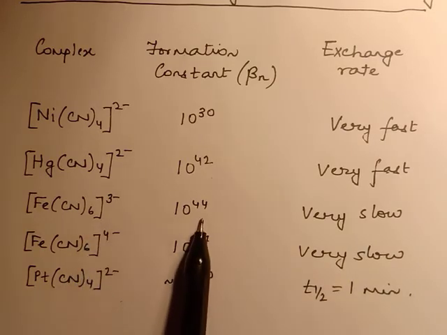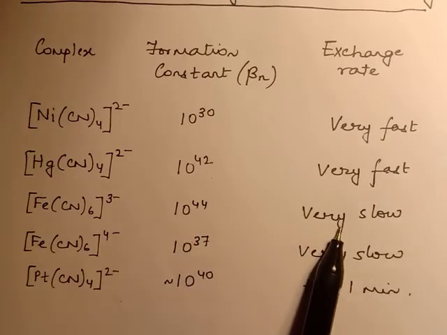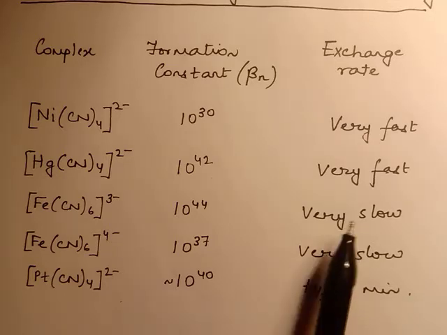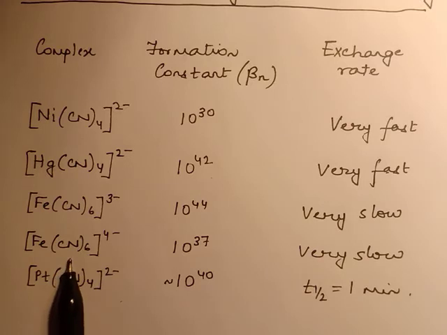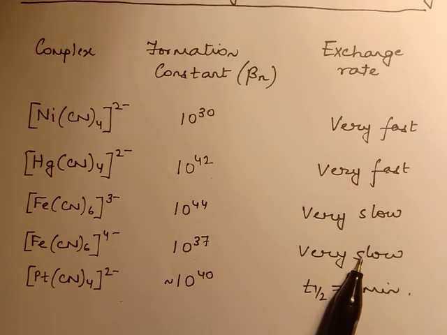FeCN6 3-. Again, it has a high value of beta, so it is thermodynamically stable, but here the exchange rate is very slow. So it is also kinetically stable, or kinetically inert. For FeCN6 4-, it is again thermodynamically stable and kinetically stable.